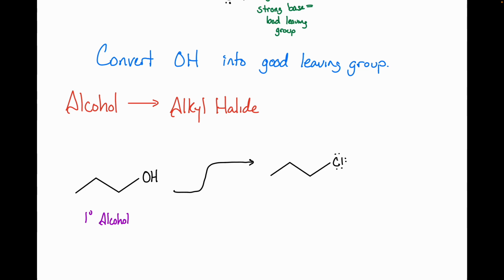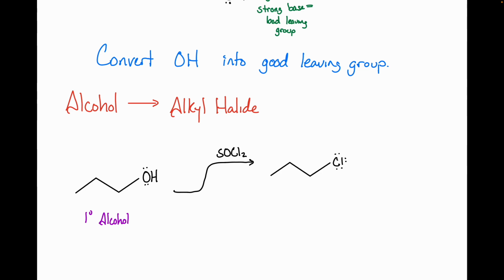But again, we got to use something kind of fancy to do it. We use what's called SOCl2, or thionyl chloride. These reagents are kind of nasty, expensive reagents. They're difficult to use. They're highly reactive, and that's because they're catalyzing this substitution reaction and allowing us to get rid of that OH group, which is kind of stubborn and a bad leaving group.